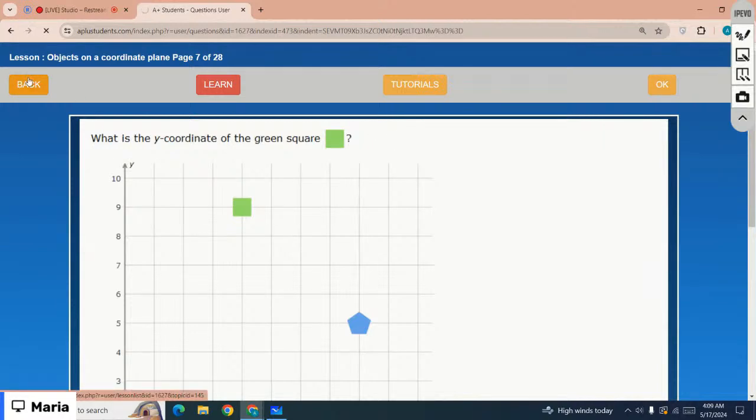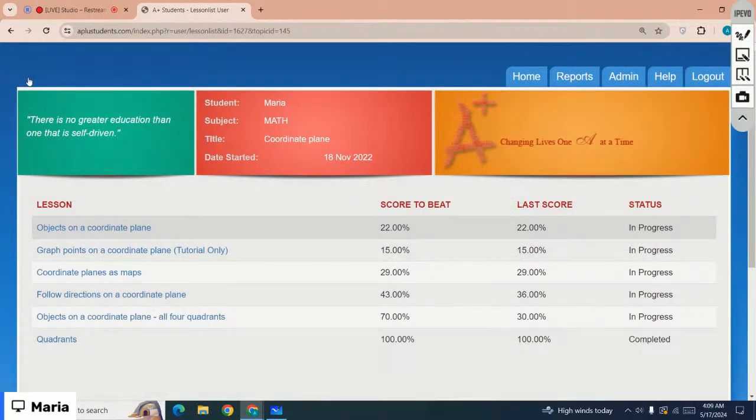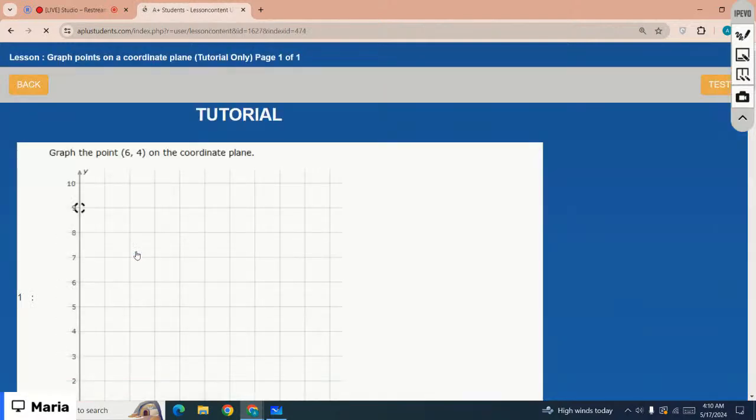And the next lesson is graph points on a coordinate plane. Okay, graph the point 6, 4 on the coordinate plane.